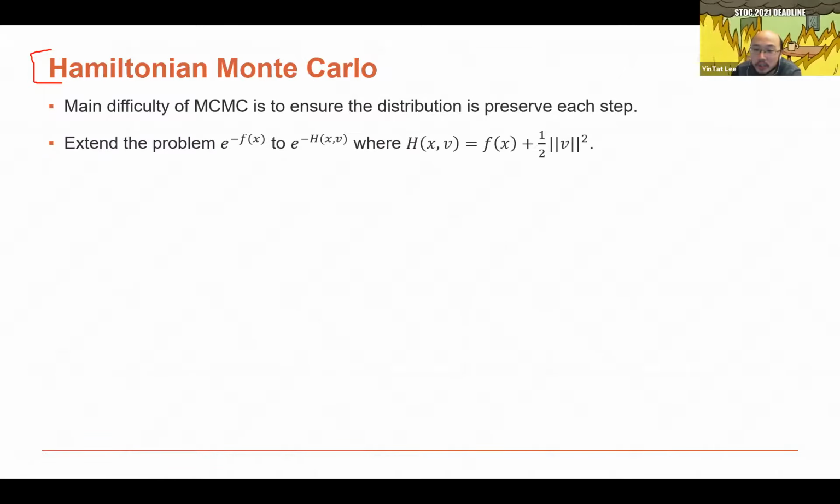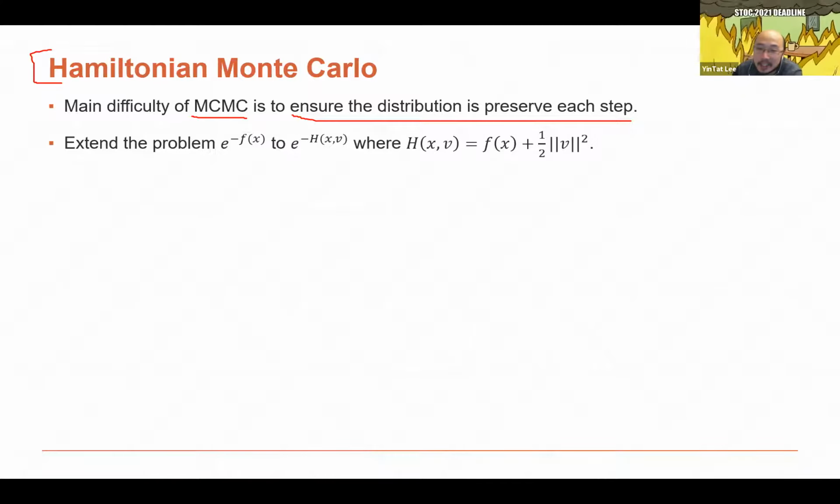So the idea is this. In general, the difficulty of designing MCMC for sampling is you need to make sure the distribution is preserved for each step. And in order to preserve the distribution, we need to do a filtering. And usually the filtering forces us to take a very small step size.